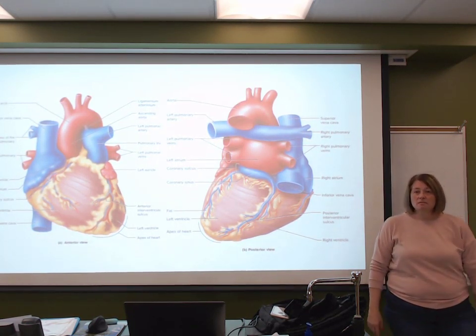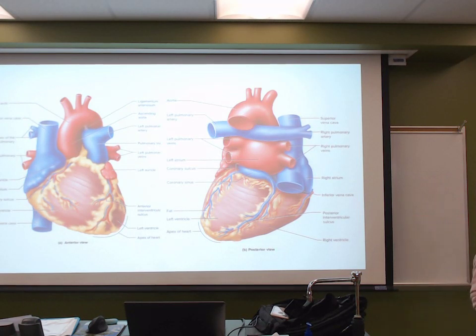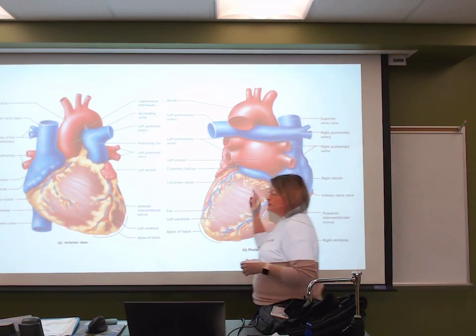Those are the things that I would want you to be able to label on these pictures. And this is just simply the anatomy of the outside of the heart. Okay? But some of it's going to get very important.